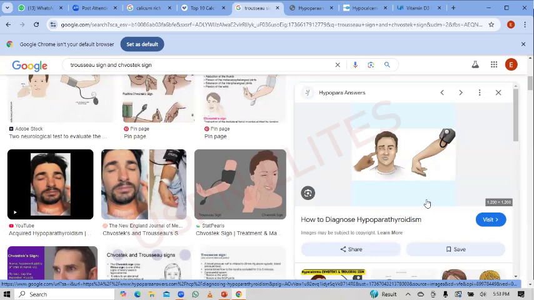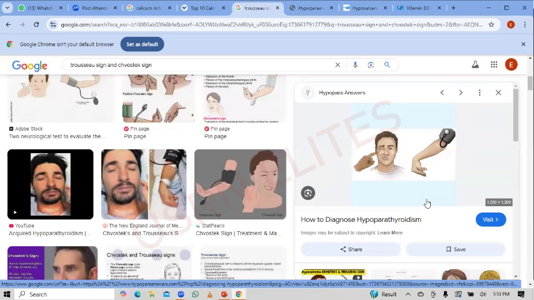The spasm in the hand is the Trousseau sign. The Trousseau sign is the one when the cuff is applied and inflated.